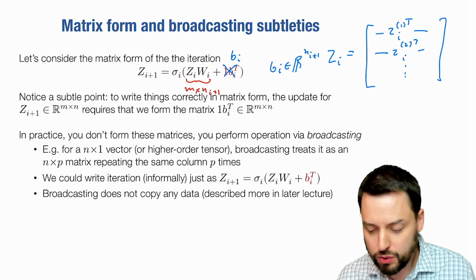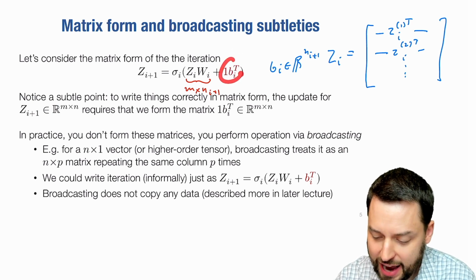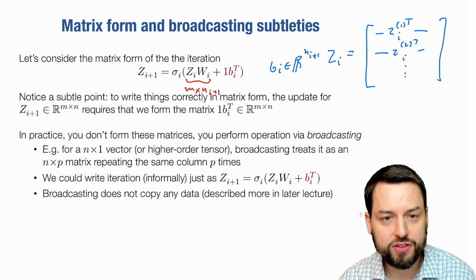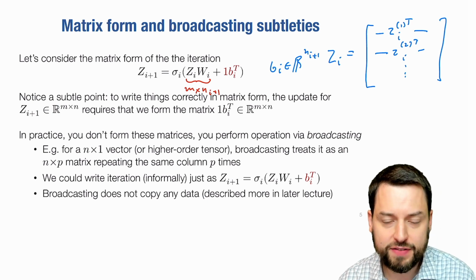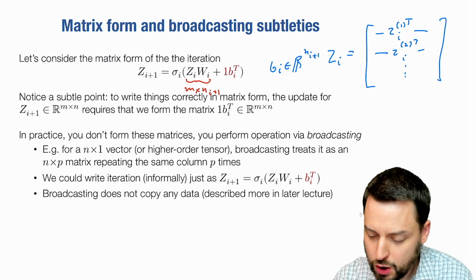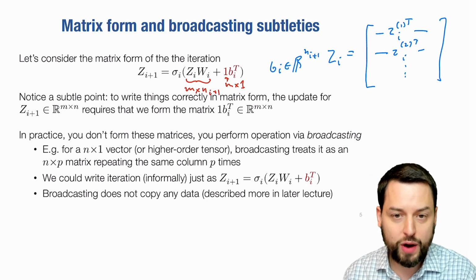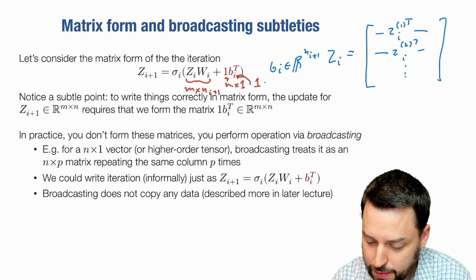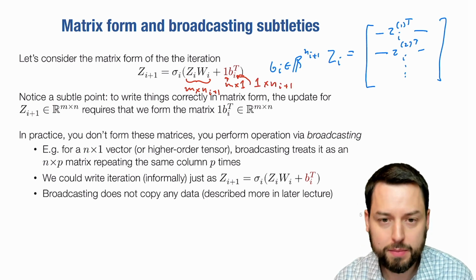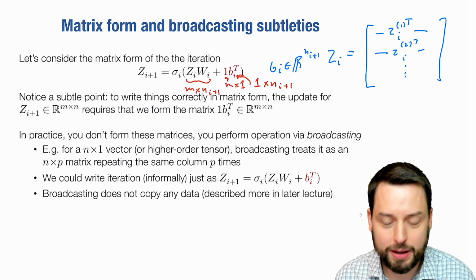So what we need to do linear algebra-wise is adjust this slightly. The operation is going to be 1 times b_i transpose, where 1 signifies the vector of all 1s, which in this case would be an m by 1 vector of all 1s. Then b_i transpose would be a 1 by n_(i+1) matrix, essentially a row vector of dimension n_(i+1).